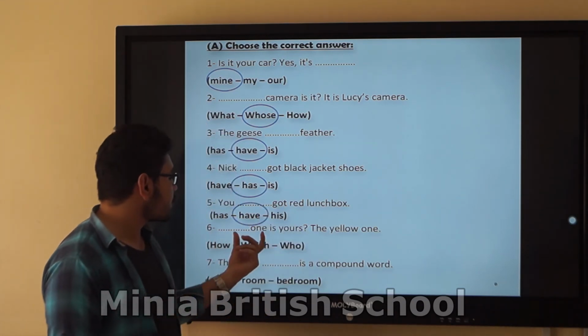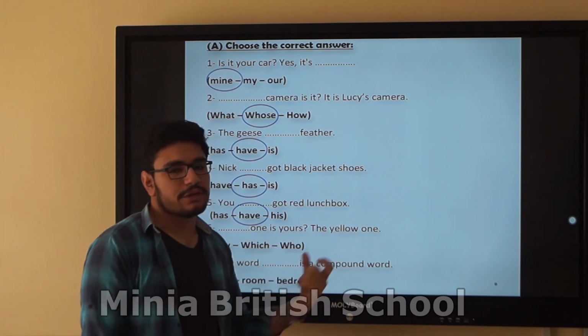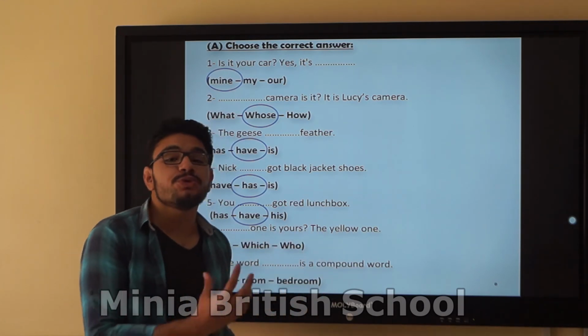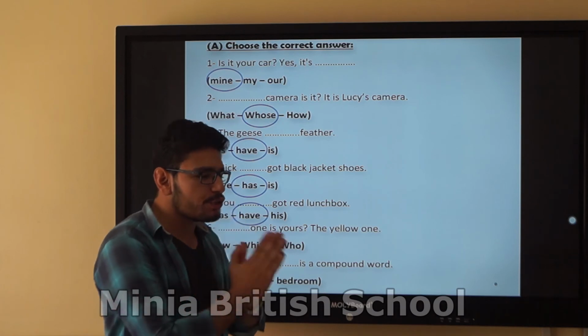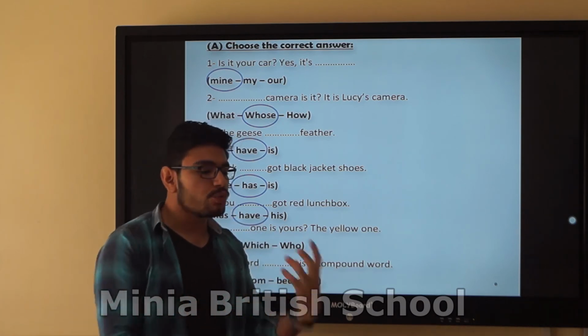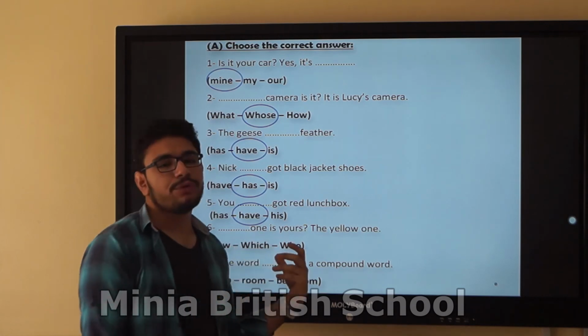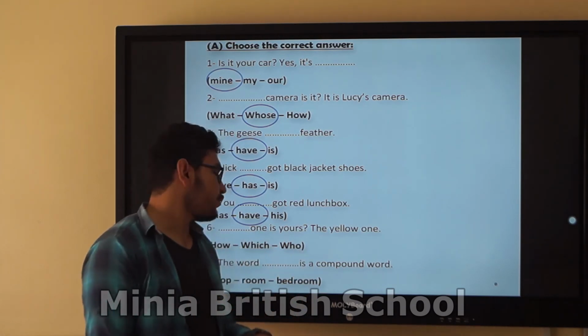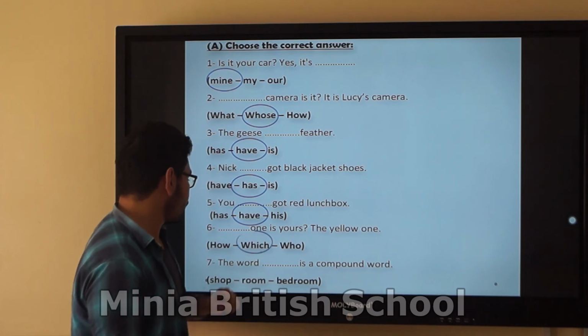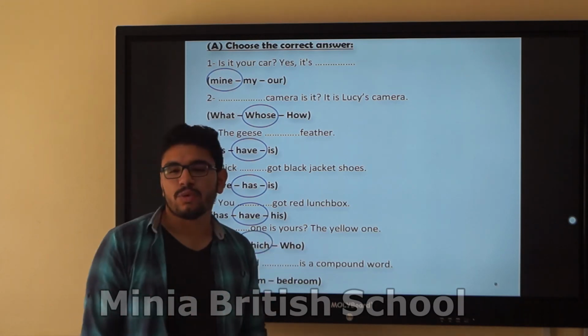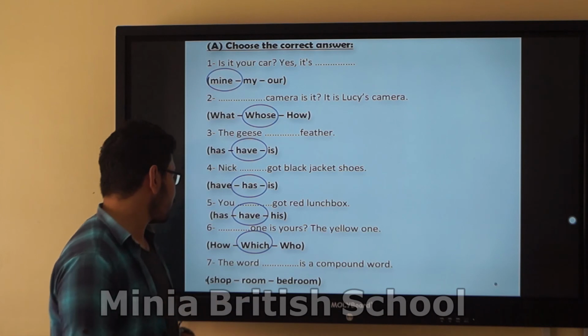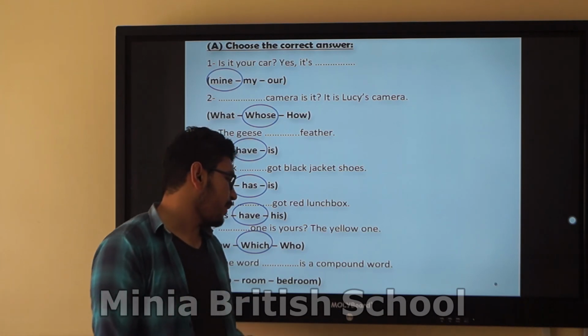Number 6, which one is yours, the yellow one. Here I'm asking you to choose the correct question word I use to make choices. I use who, have, which. Yes, of course, we use which. So which one is yours? The yellow one. The last question, the word is a compound word.